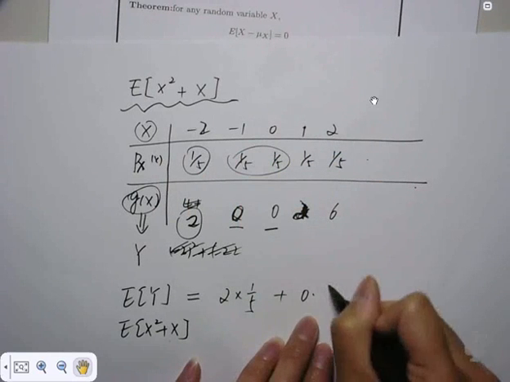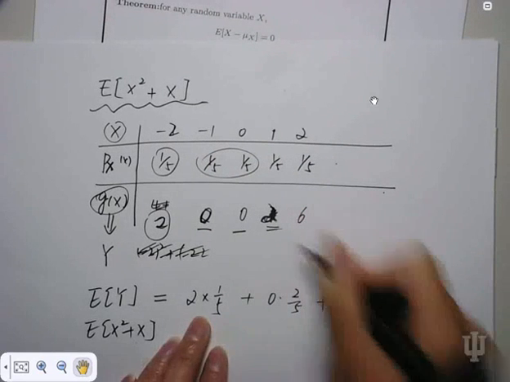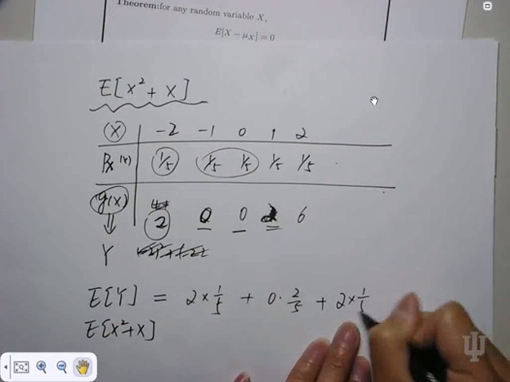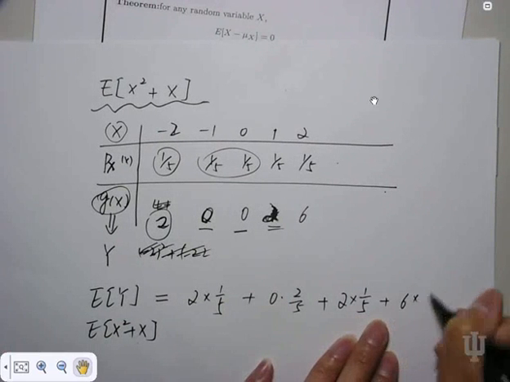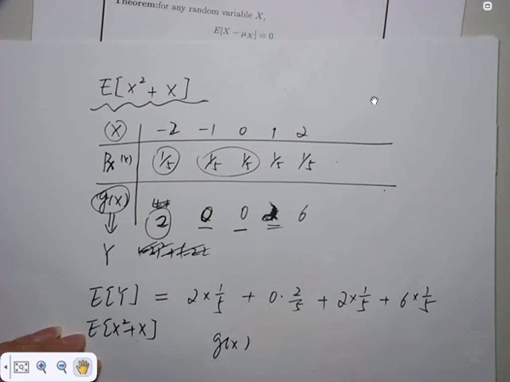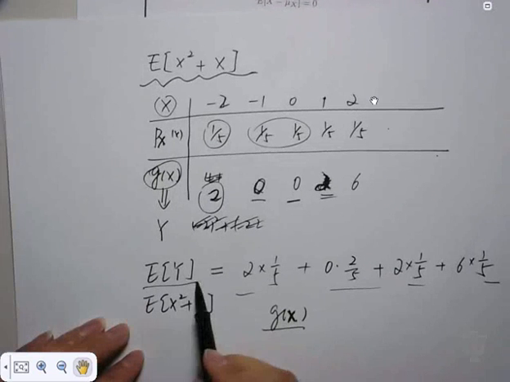Anyway, it will be 0, right? Oh, I left the 2 here, but you can list one by one. So you first find the value of j of x according to each x, you find the probability according to each little x, and list them up. Sum up those will be the expected value of this function, right?